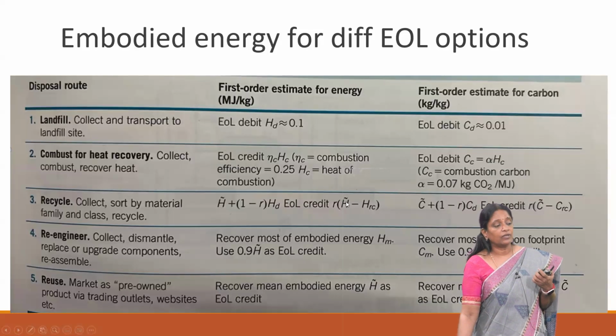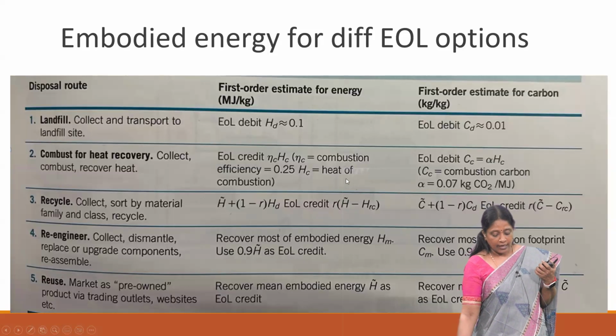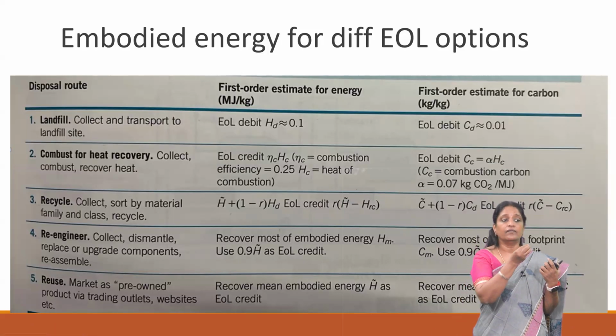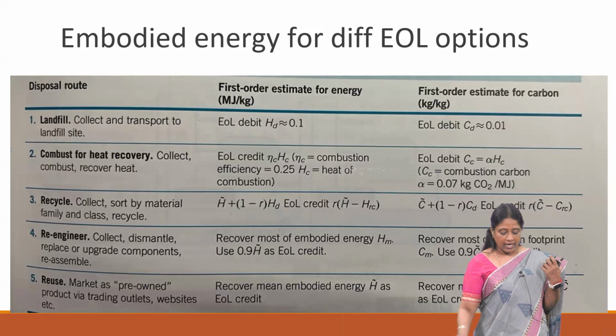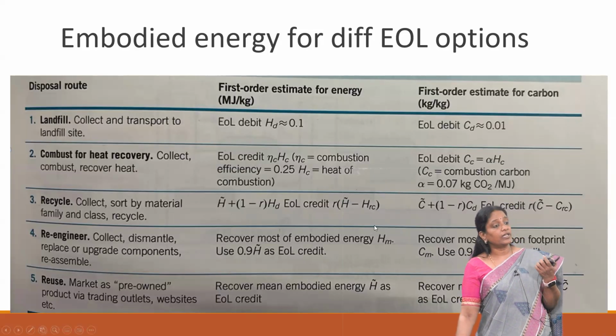If you're going to calculate what is a credit you can draw, that is your embodied energy for the virgin material minus the embodied energy of the material you are getting back. Say we said 46% recycled, and there is some energy. HRC is the energy required for recycling, and this is the fraction which is recycled.